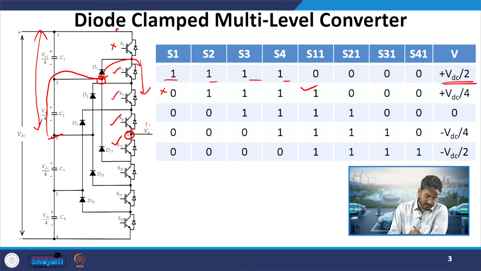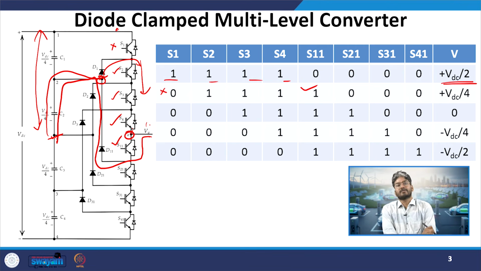When the current is positive, it flows through this. If my current is negative, flowing from this side, it will flow through this to the neutral point and back to the ground. So, from node 2 it will go to the ground.